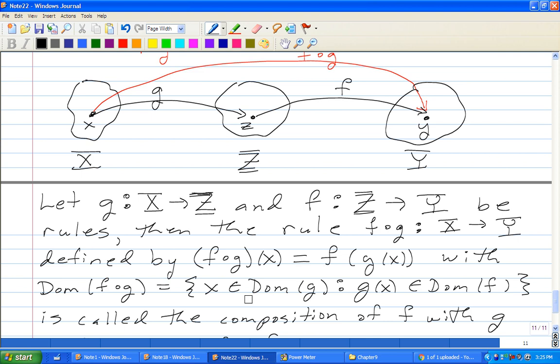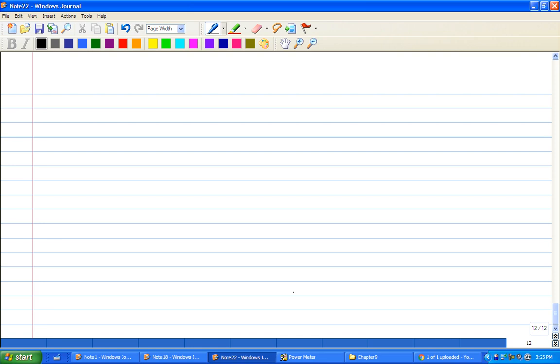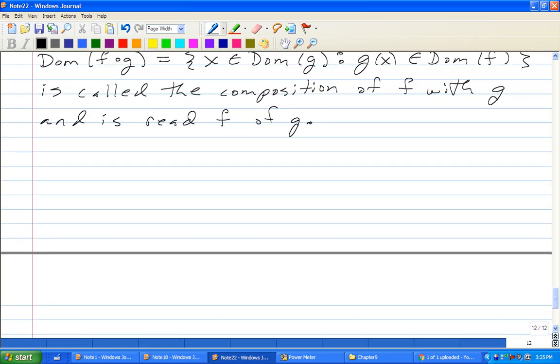So that's why we have this relationship here as being the domain. Note, in general, f composed with g is not the same as g composed with f. And so this composition is not in general commutative. So it more or less acts like a multiplication, but it's a non-commutative type of multiplication.